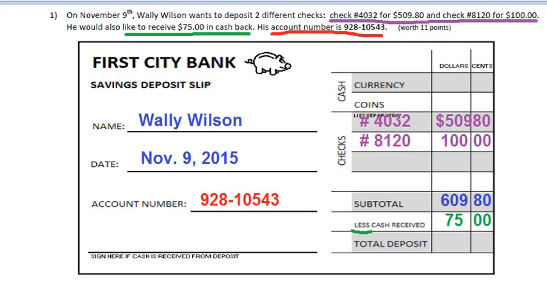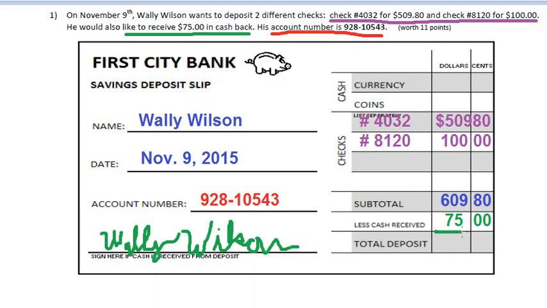And actually, before we do that, I forgot one thing. What we also have to do is sign Wally's name, and you do it in cursive. Sorry, I'm being a little bit sloppy right now because I'm using my mouse. But we sign his name in cursive. And then as I was saying, because of the word less, we're now going to subtract. That's right.